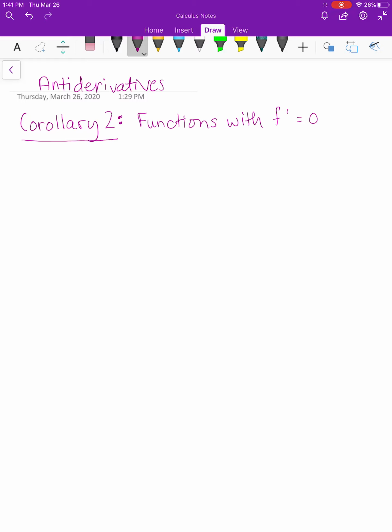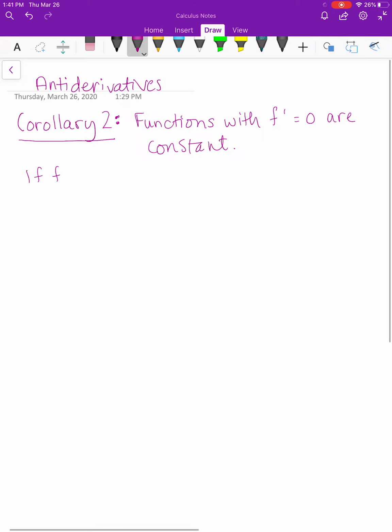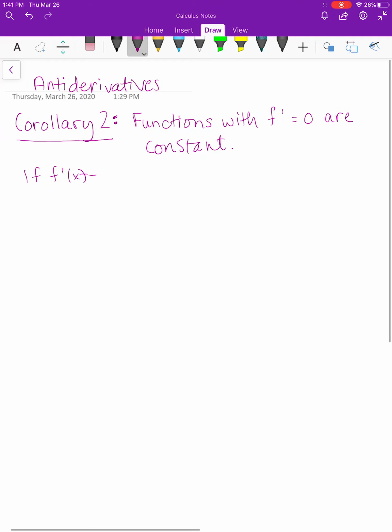So our corollary 2 is functions with f prime equal 0 are constant. Okay, that is what corollary 2 is about.